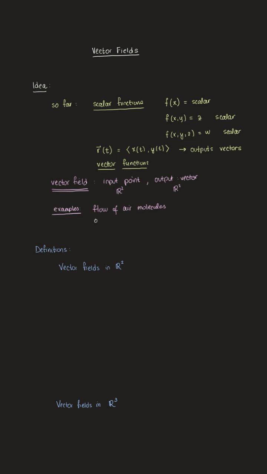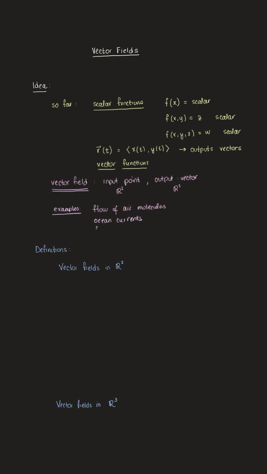We might have, for example, ocean currents, also a velocity field, where at any point in space, we can assign a vector whose length is the speed at which the ocean currents are moving, and it tells us also the direction in which the currents are moving.